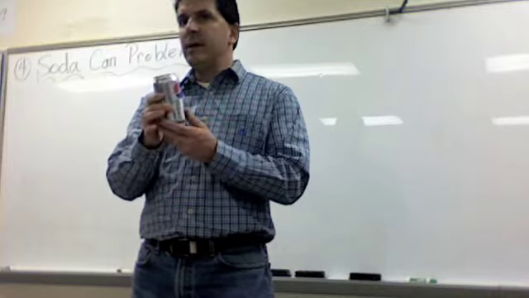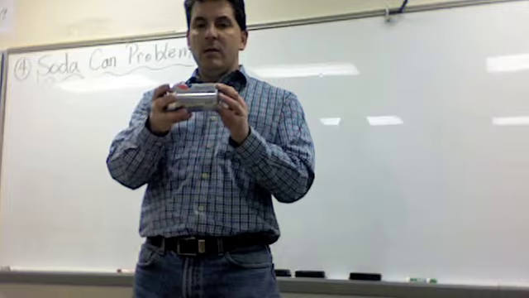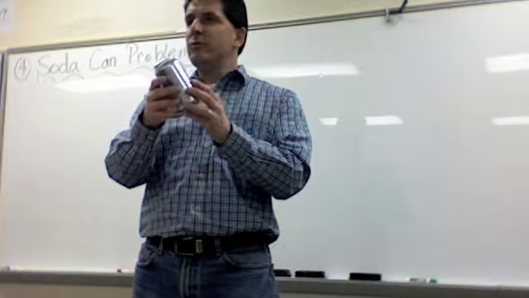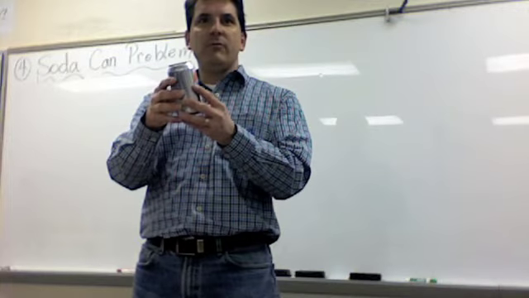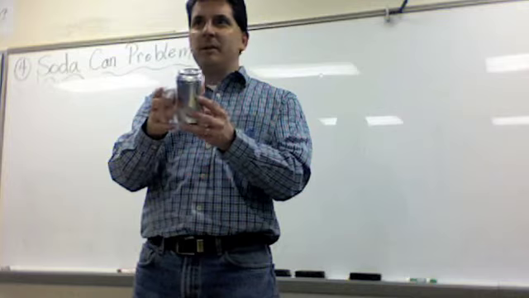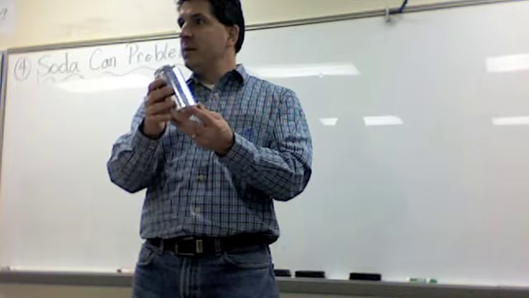So the question is, you're being hired as an engineer for Pepsi. And you have to determine, picture this, how many cans do you suppose Pepsi makes in a day, in a week, in a month, in a year? It uses quite a bit of aluminum, wouldn't you think?